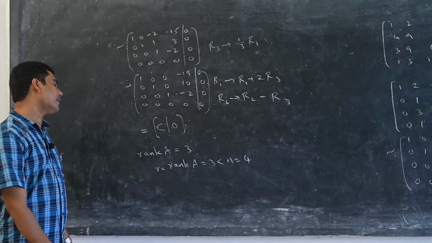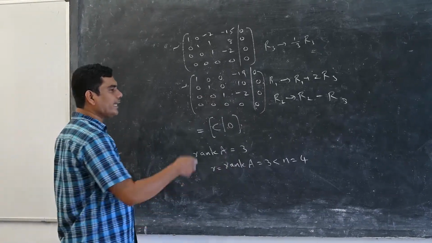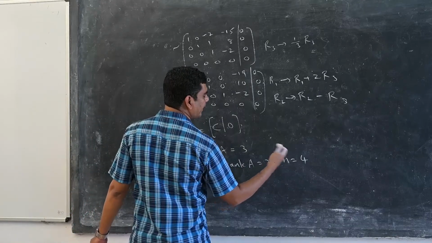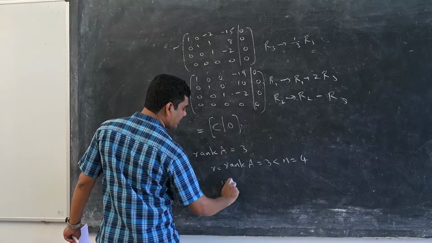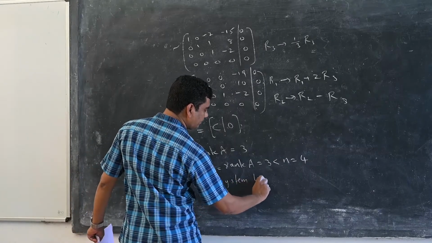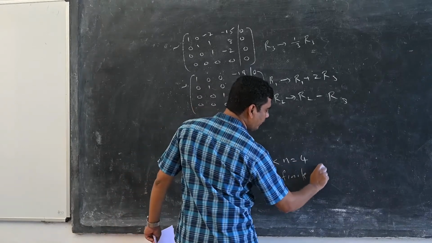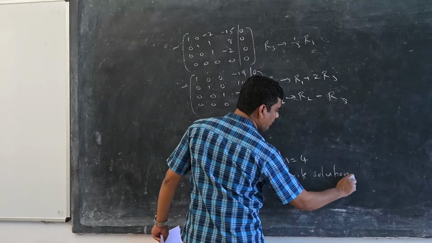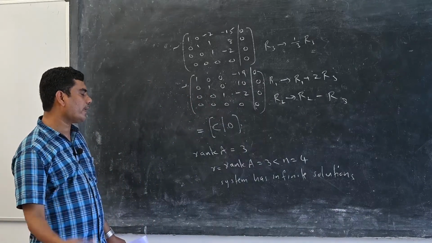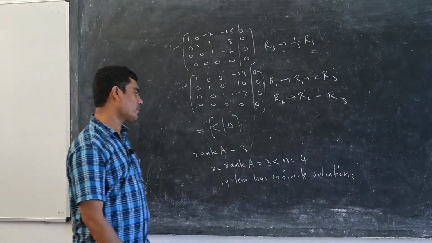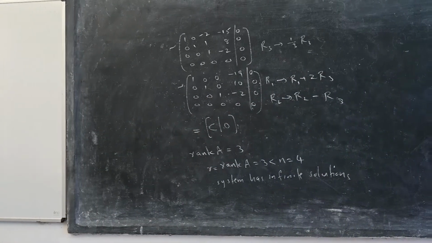Here there are 4 unknowns, x1, x2, x3, x4. Rank is equal to 3, n is equal to 4. So rank less than n. In that case, system has infinite solutions. If r less than n, system has infinite solutions. If r is equal to n, system has only trivial solution. Here r less than n, system has infinite solutions.